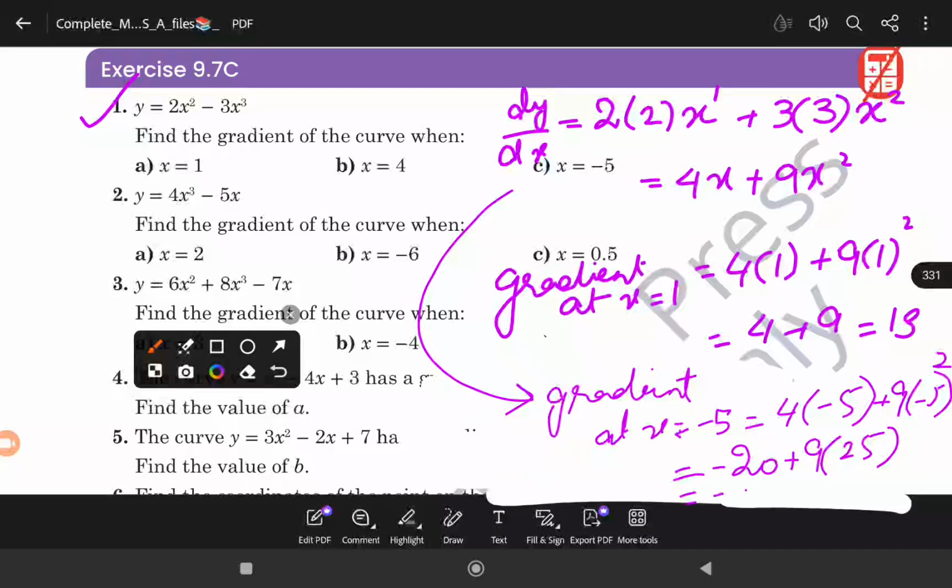It will be negative 20 plus 225, so it will become 205. So the answer for the gradient at x equals negative 5 is 205. I hope you get this question.